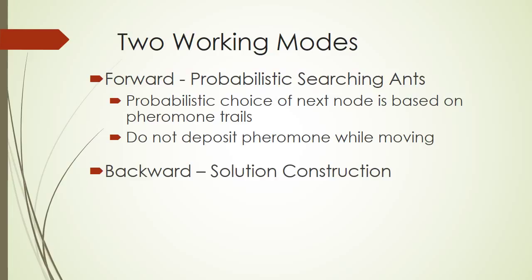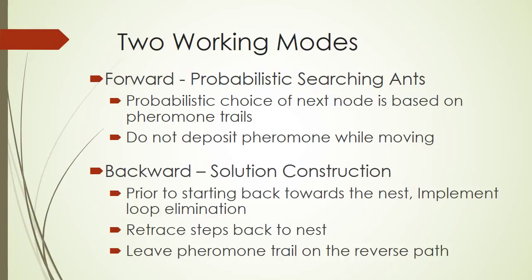The second mode is backward, and that's moving from the food source or from the goal back to the nest, or back to the starting position. And that's when the solution is constructed. So prior to starting back towards the nest, as mentioned, it's going to implement loop elimination. And then it'll retrace its own steps using its memory back to the nest. And only during this retracing step will it start to leave pheromones on the ground.